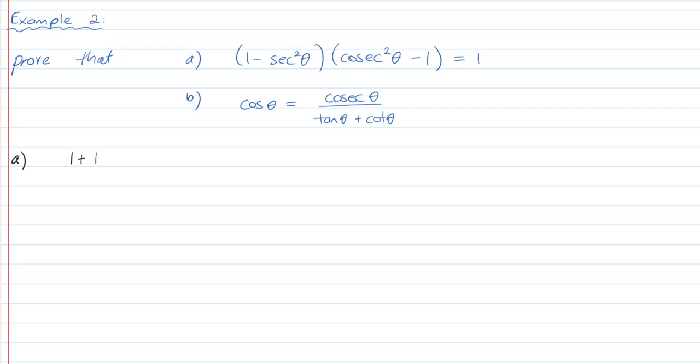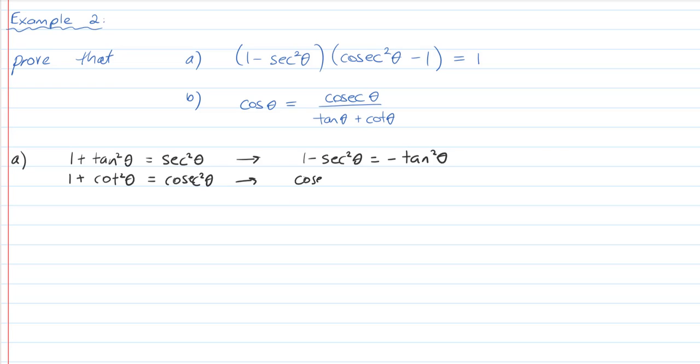We get 1 plus tan squared theta is equal to sec squared theta, which leads to 1 minus sec squared theta equals negative tan squared theta. And equally, we get 1 plus cot squared theta equals cosec squared theta, which leads to cosec squared theta minus 1 is equal to cot squared theta.